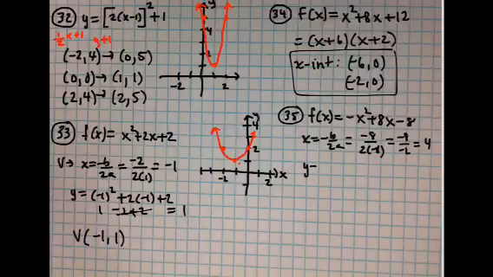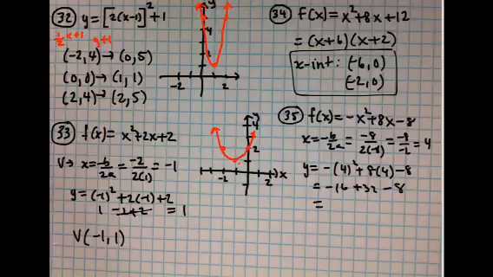And then you find the y-coordinate by just replacing the x with 4. 8 times 4 minus 8, so that gives you -16 plus 32 minus 8. So that's, what is it, 16 minus 8, so that's 8. So the vertex is 4, 8.